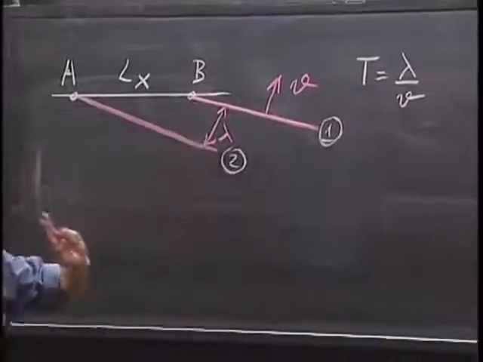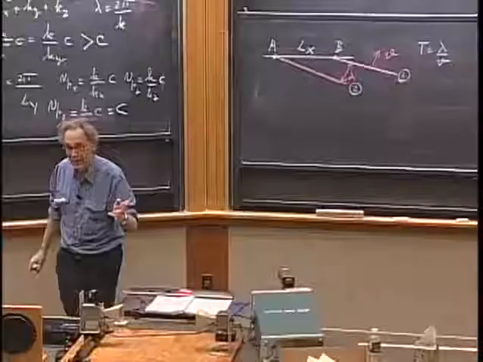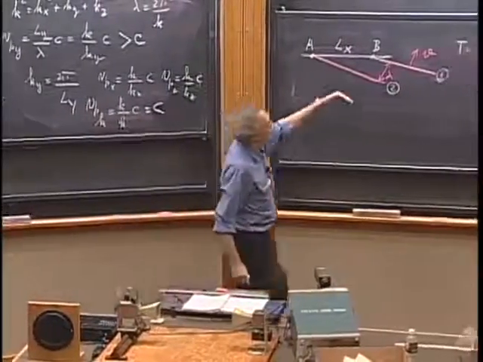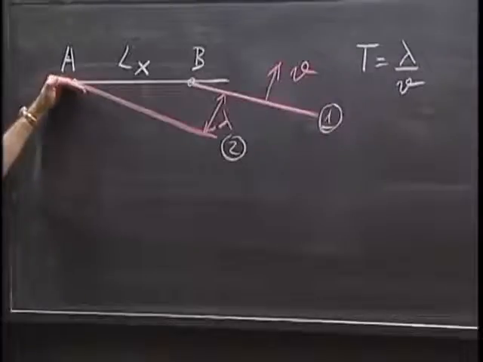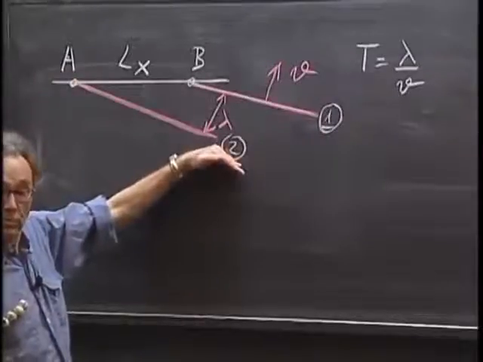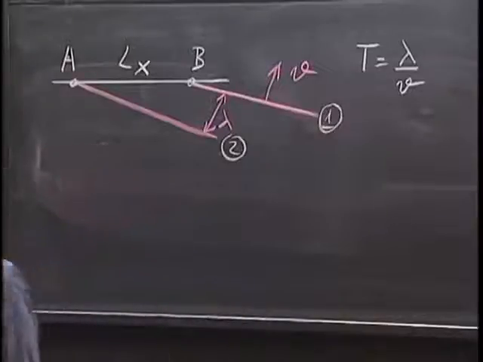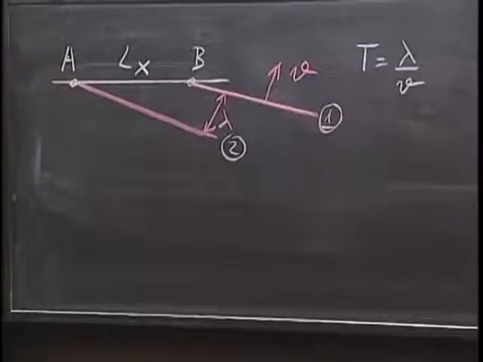But that's not only the case for point B, that is also the case for point A. Wave 1 reaches A before wave 2 reaches point A. And this is the time in between the arrival time of wave 1 and wave 2, which is a completely different question from what is the difference in arrival time of wave 1 alone at A and B.